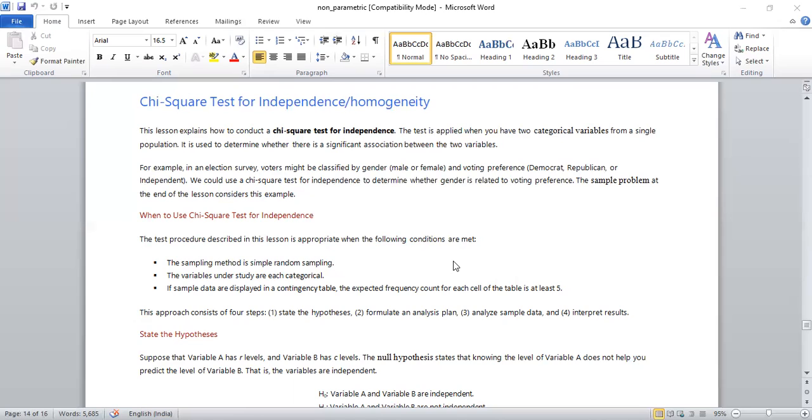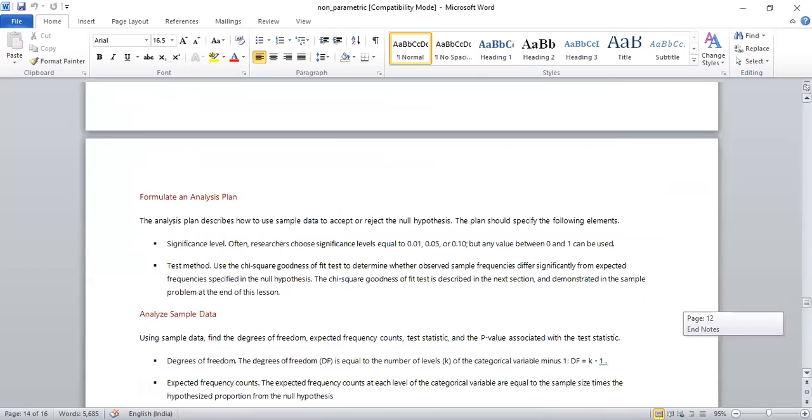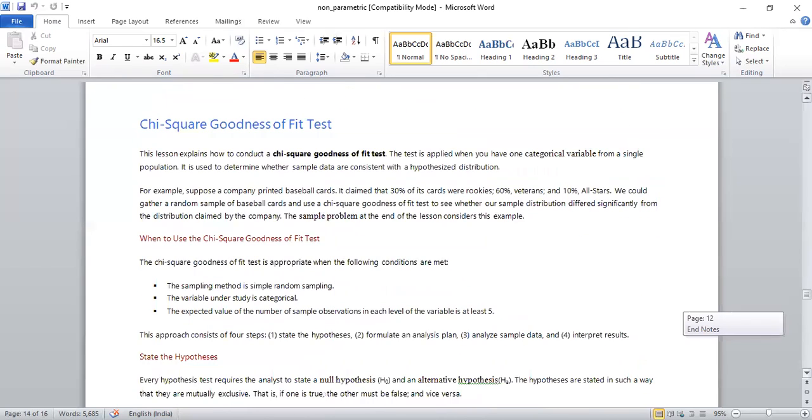Okay, in the previous topic we have covered the chi-square goodness of fit test, where we consider only one categorical variable and the distribution of that categorical variable, whether it follows the proportions the company is claiming, that is, whether it follows some given distribution mentioned in the null hypothesis.